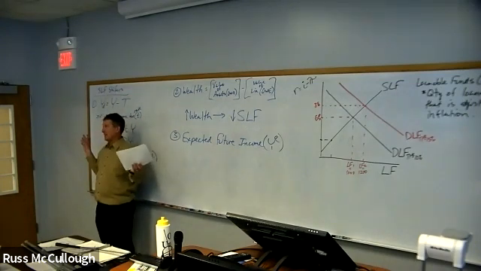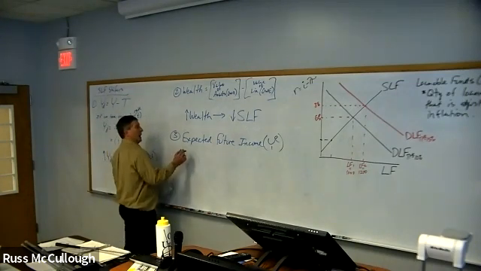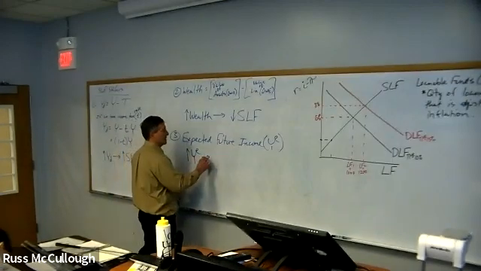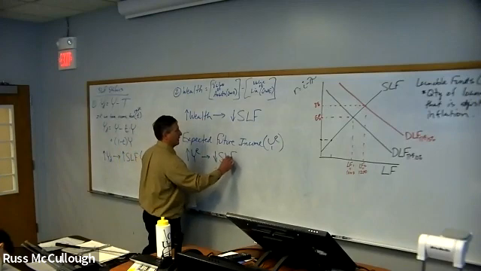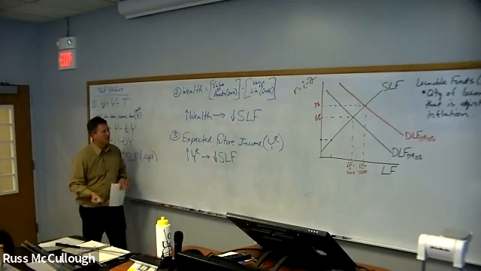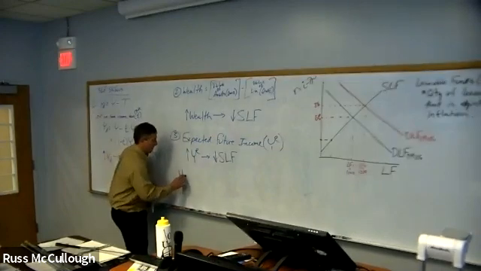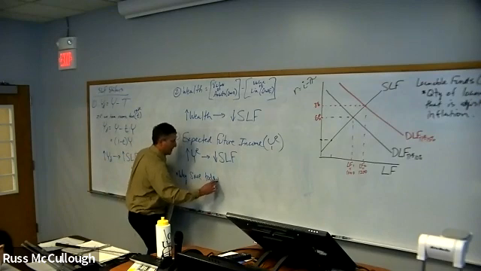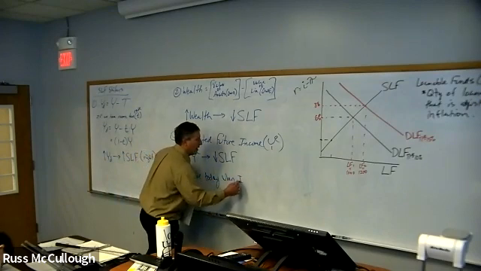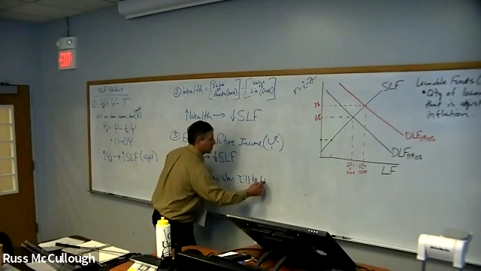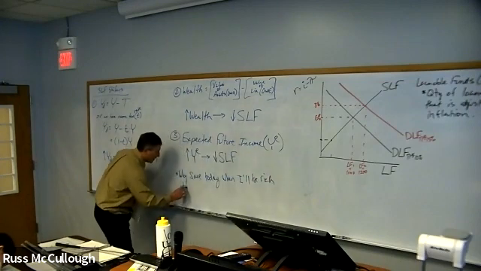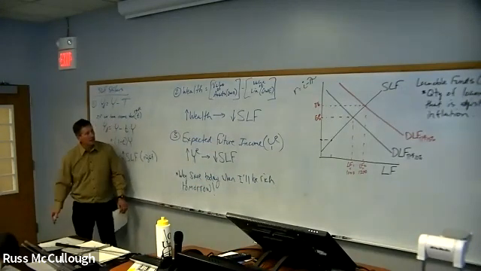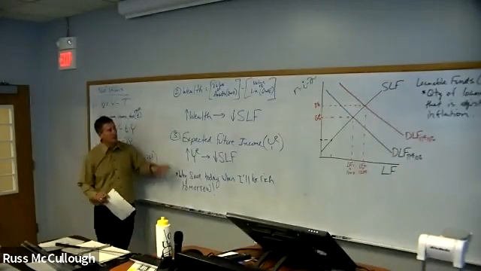I don't have to worry about saving today, right? So an increase in expected income leads to a decrease in the supply of loanable funds. You can kind of add on here, why save today when I'll be rich tomorrow? So this is where most college students find themselves.